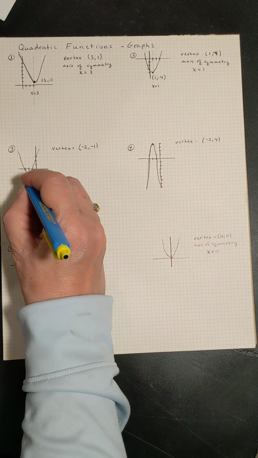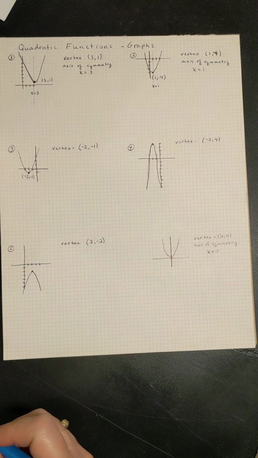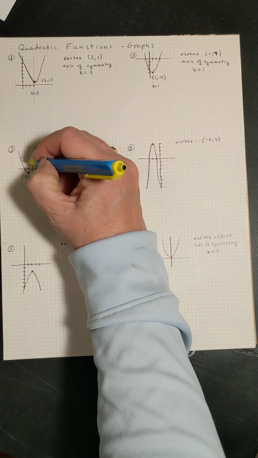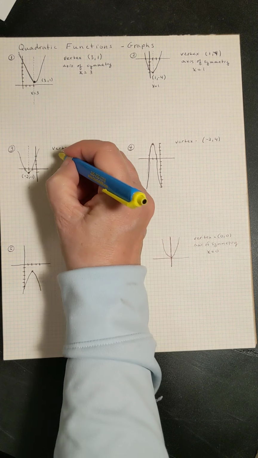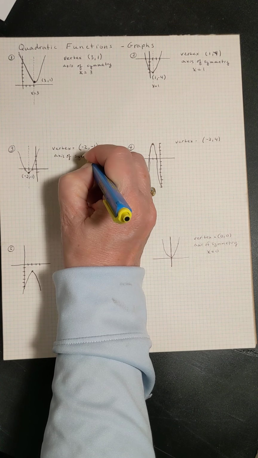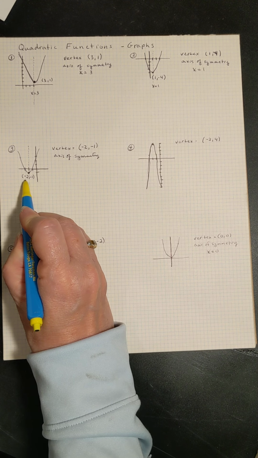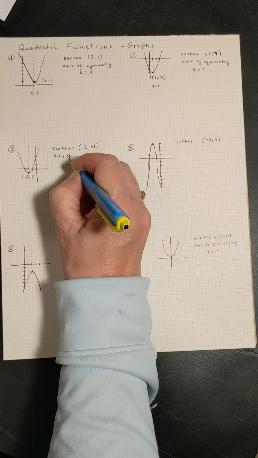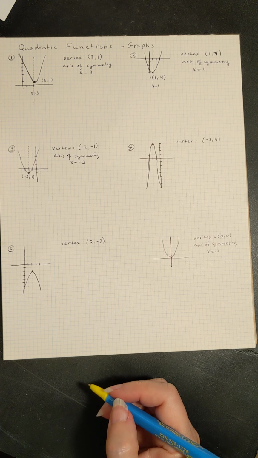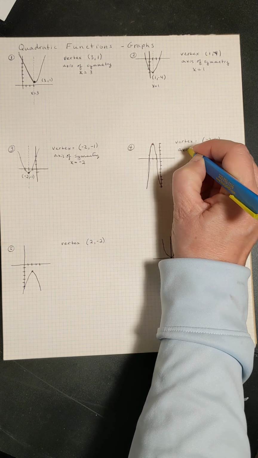Now this one, the vertex is the point negative 2, negative 1. And so now you see if you can figure out what the axis of symmetry is. So in this one, the x-coordinate of my vertex is negative 2. So my axis of symmetry will be x is equal to negative 2. All right, same thing here. Try it on your own.